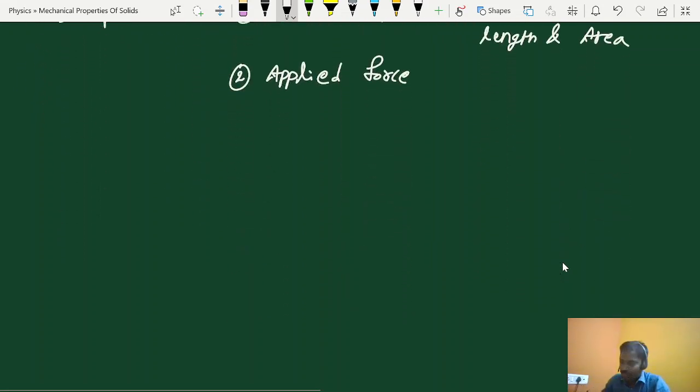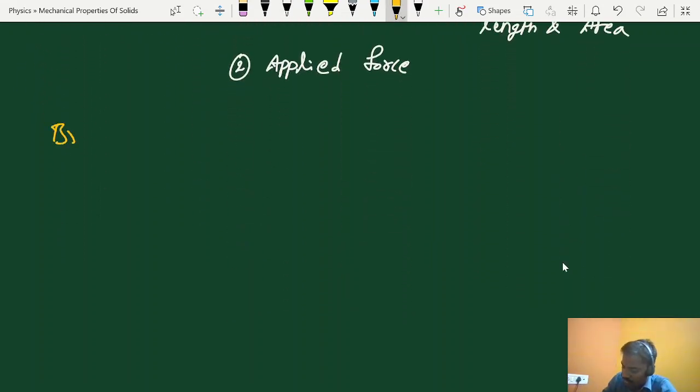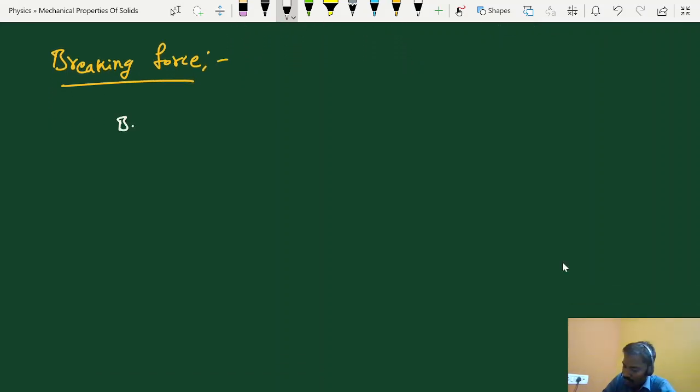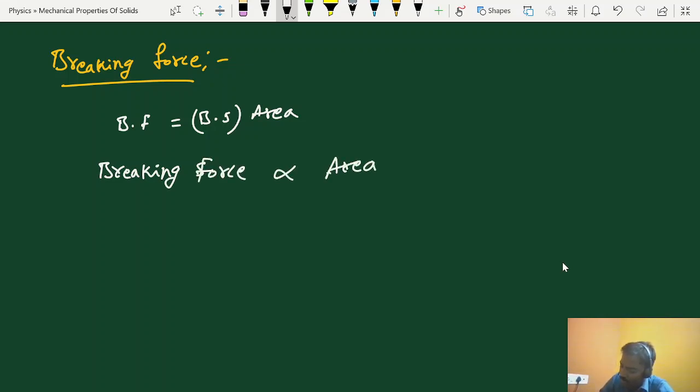And next, breaking force. See students, breaking force here is equal to breaking stress into area of cross section. So you can say breaking force is directly proportional to area of cross section. So what we can conclude here is breaking stress is the constant of proportionality.